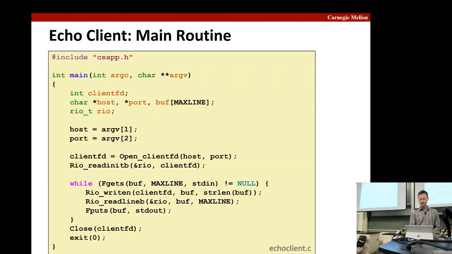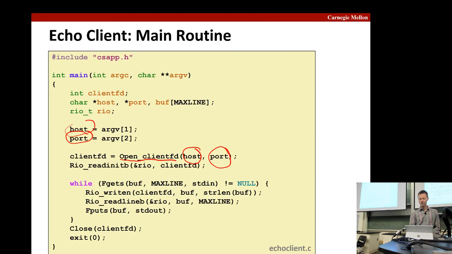And then based on that review, we can start to figure out this code. All right, so this is on the client side. What's going on here is that you're going to pass it the host and the port, okay? And it's going to open a file descriptor. And remember we said that you needed both the host and the port to uniquely identify things.